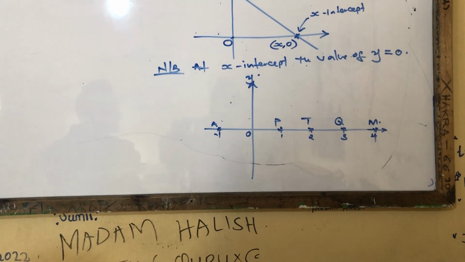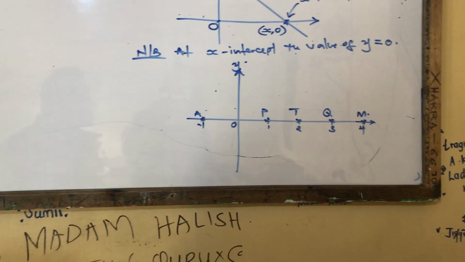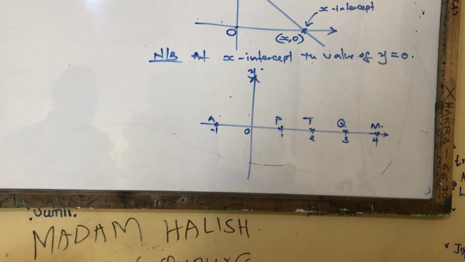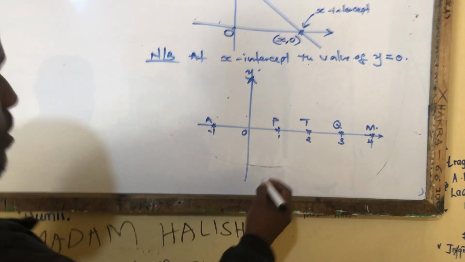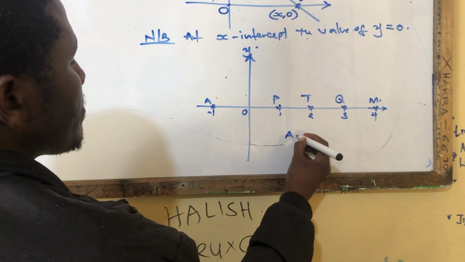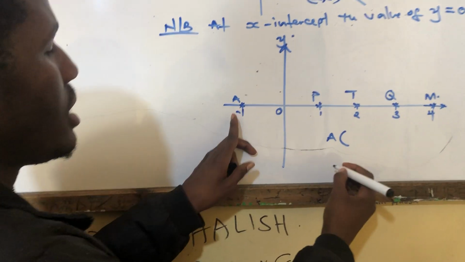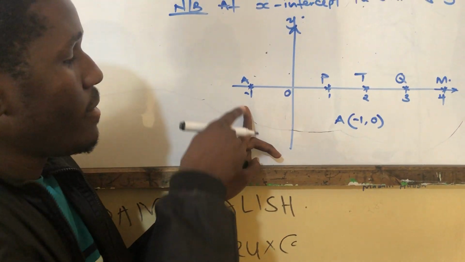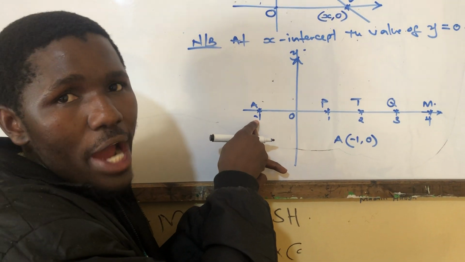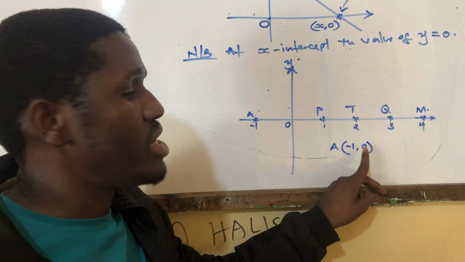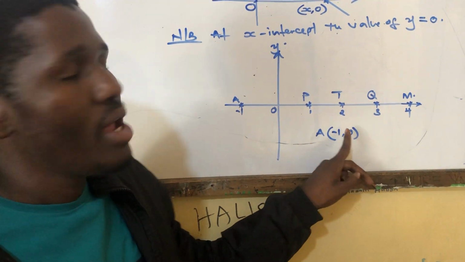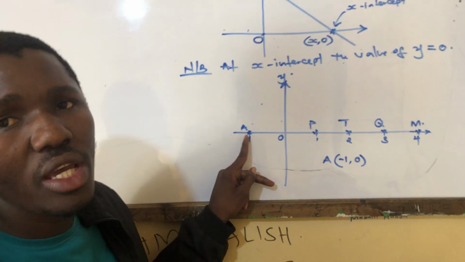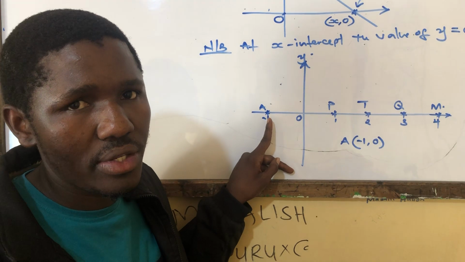If we are to give the coordinate of the point A, what would you say? The coordinate of A is given as -1, 0. The x coordinate is -1 and the y coordinate is 0. That's because the point A is resting on the x-axis.